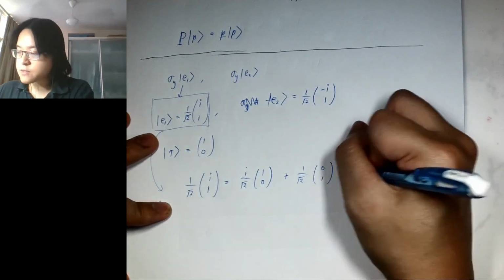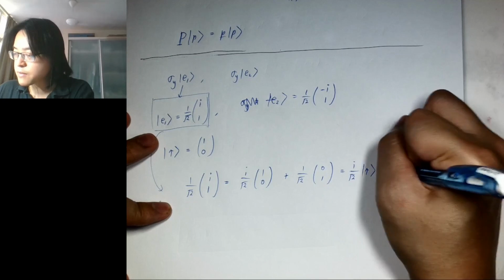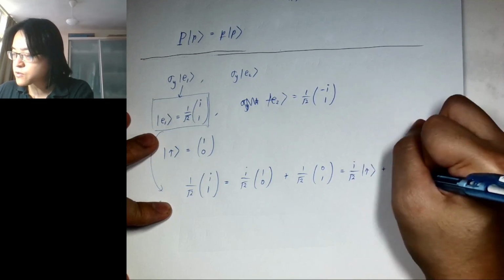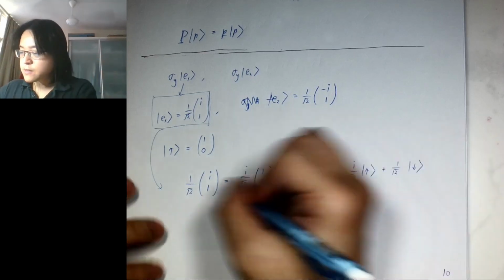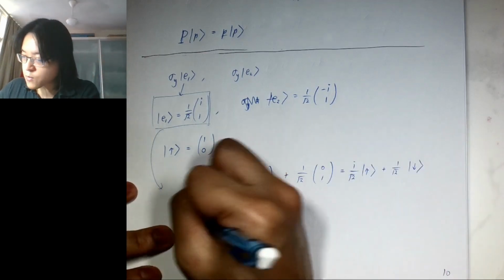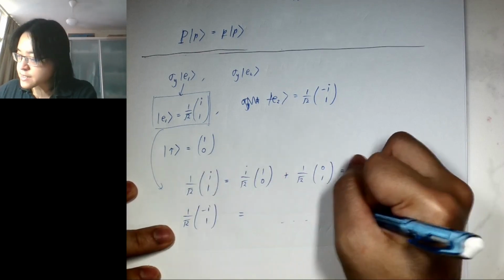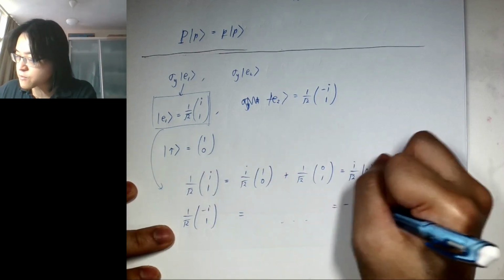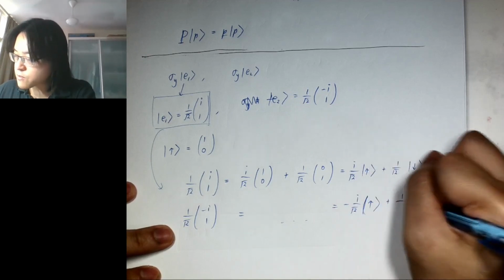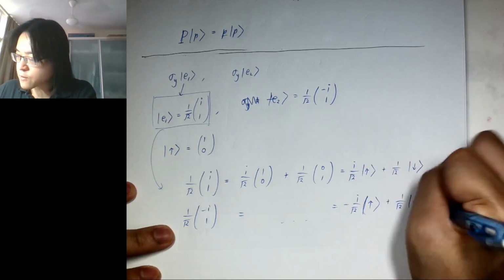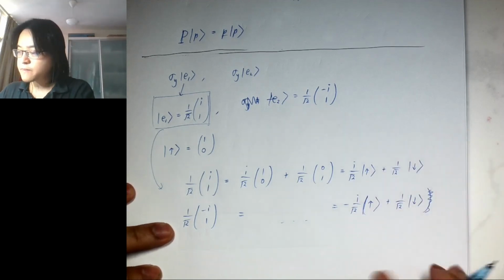So this is actually I over root 2 spin up plus 1 over root 2 spin down. You do the same thing here, 1 over root 2 negative I1. So you realize that this is negative I over root 2 spin up plus 1 over root 2 spin down.